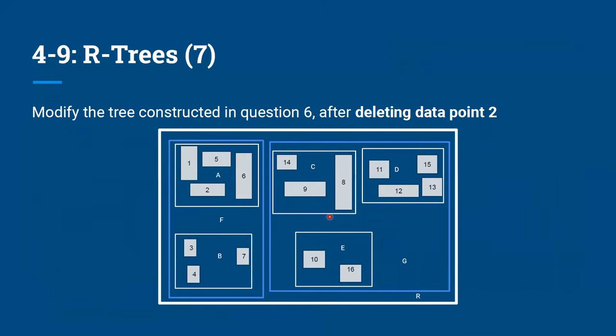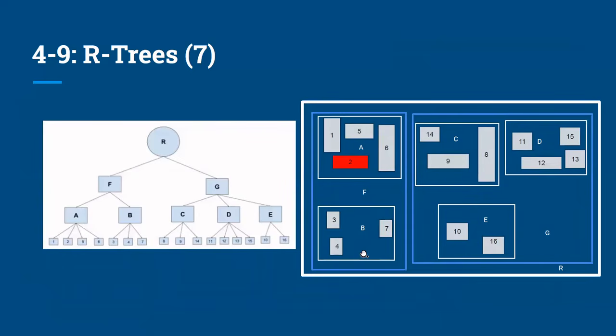Modify the tree constructed in question 6 after the deletion of point 2. Okay, so here we go. This was our construction solving question number 6. And now this point 2 would be deleted. This 2 would be removed.